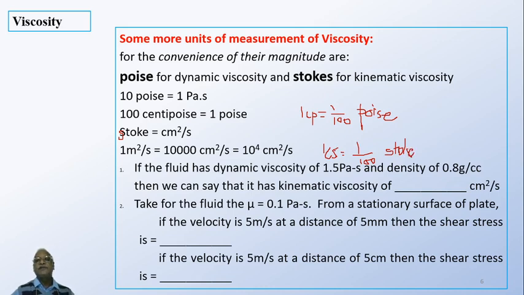So that is it. 1 centistoke will be equal to 1/100th of a stoke. Okay.